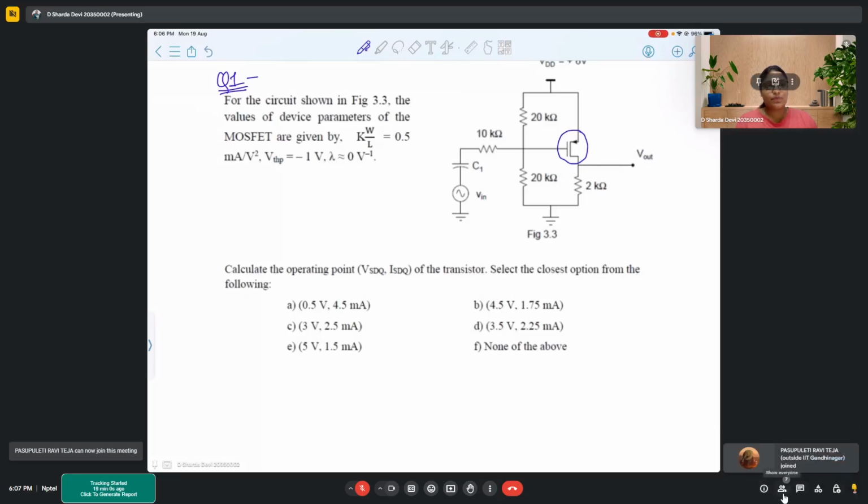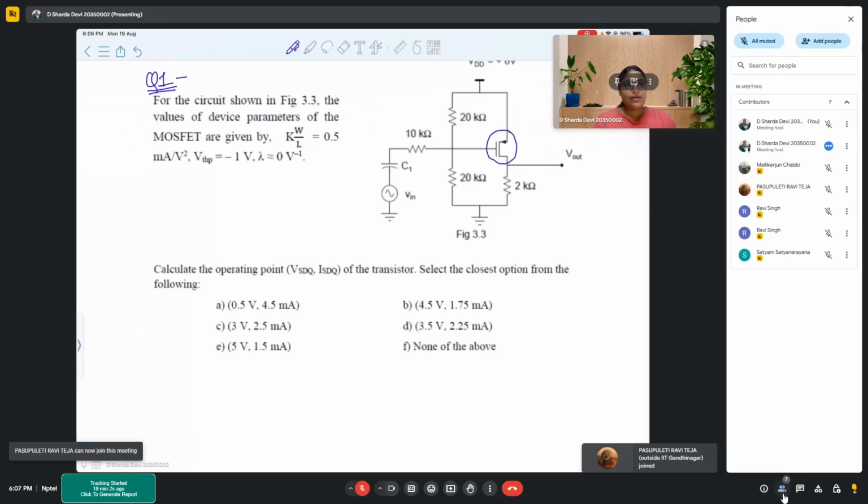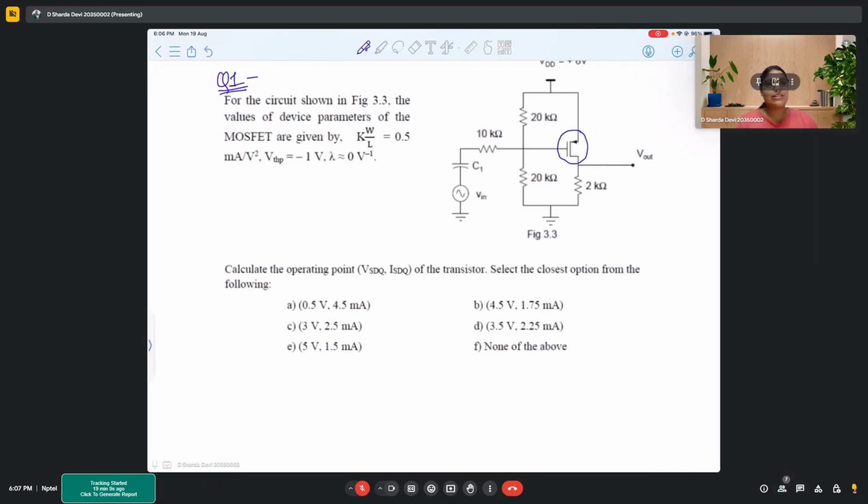Maybe Mallikarjun, if you can unmute and answer. Ma'am, it is PMOS. And also, what type of amplifier is this? Common gate.